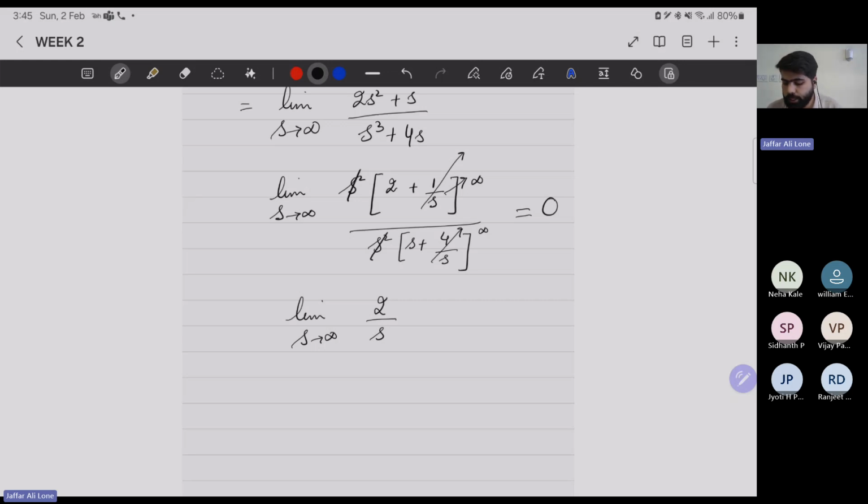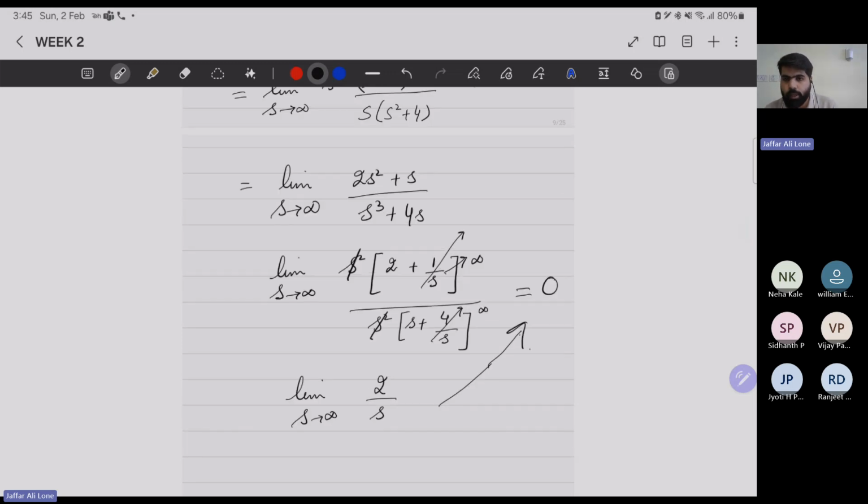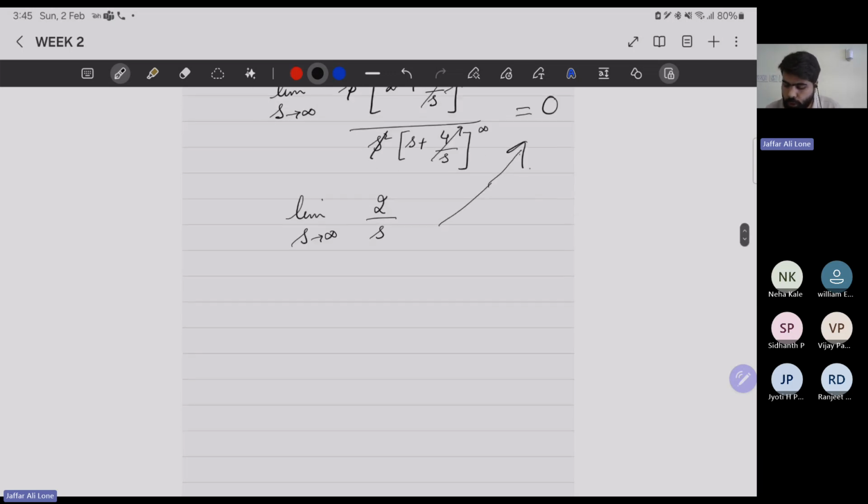Finally, as s tends to infinity, that value will tend to 0. I solved it by taking s square common because this is an easier way, and you will see in the subsequent problems that by doing this, we save a lot of time.